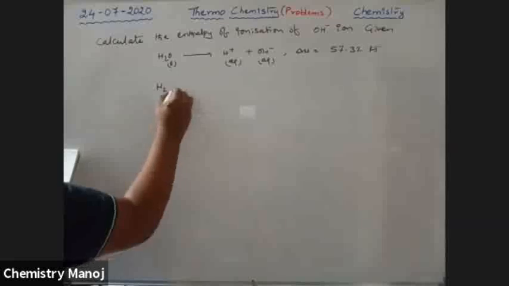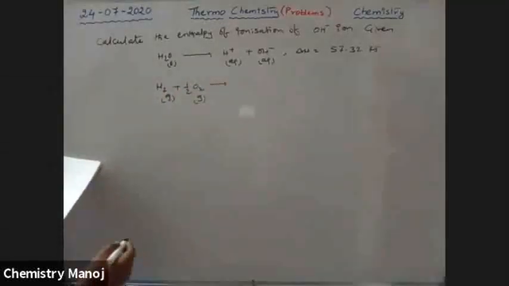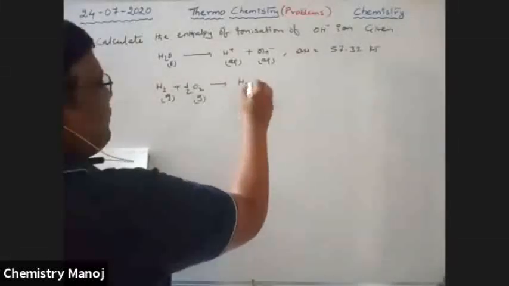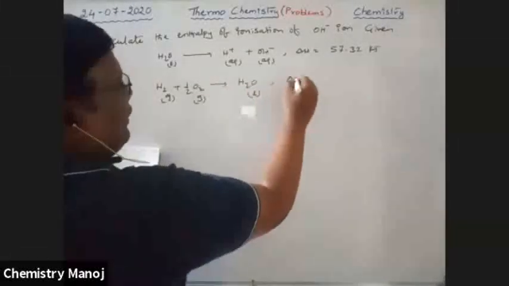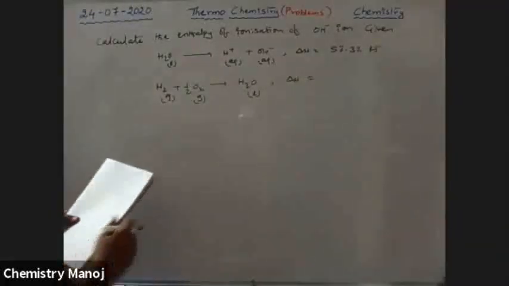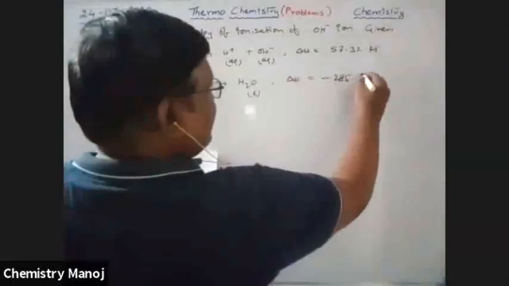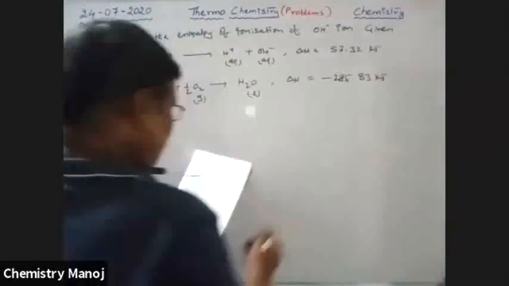H2 gas plus half O2 gas gives H2O liquid, delta H is equal to minus 285.83 kilojoules.